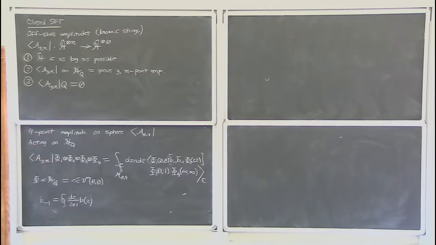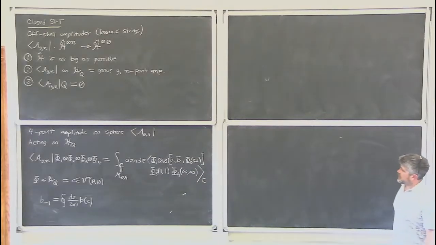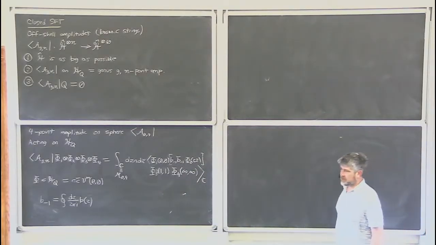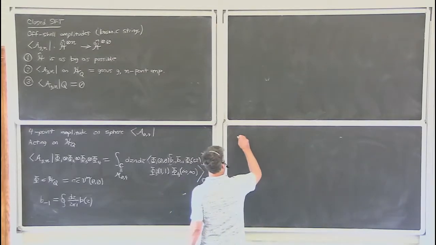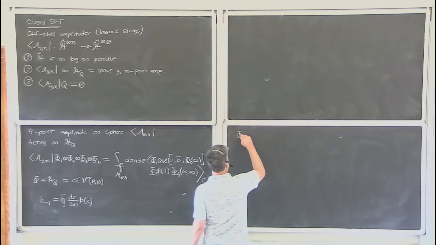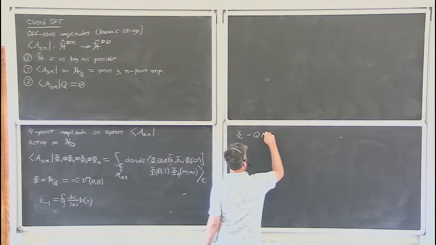That is, this amplitude should be BRST invariant, in particular acting on states in H_Q. That is equivalent to the statement that BRST trivial states decouple. So we can say, for example, that phi 1 should be equal to Q of some lambda.